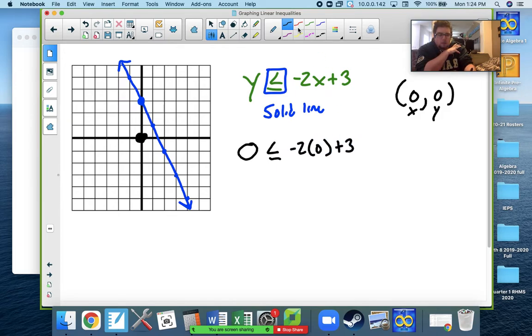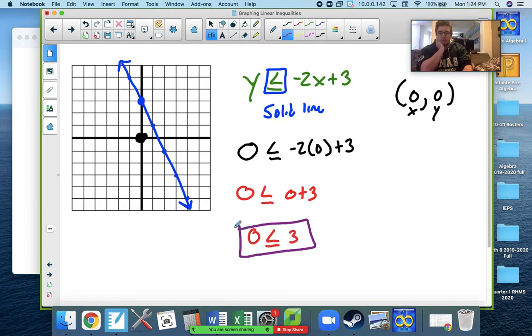I'm going to simplify this statement, and at the very end, I'm going to see if it makes sense. Is 0 less than or equal to 3? The answer is yes. That makes this point true. Because it's true, we get to shade in this direction.